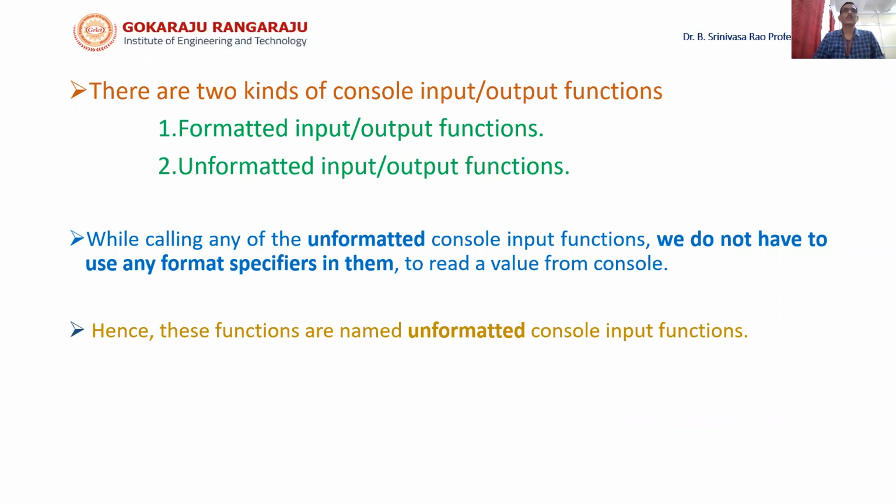In this lecture, we are concentrating on unformatted input output functions. While calling any unformatted input function, we do not have to use any format specifier to read a value from the console. Hence, these functions are named unformatted input output operations.